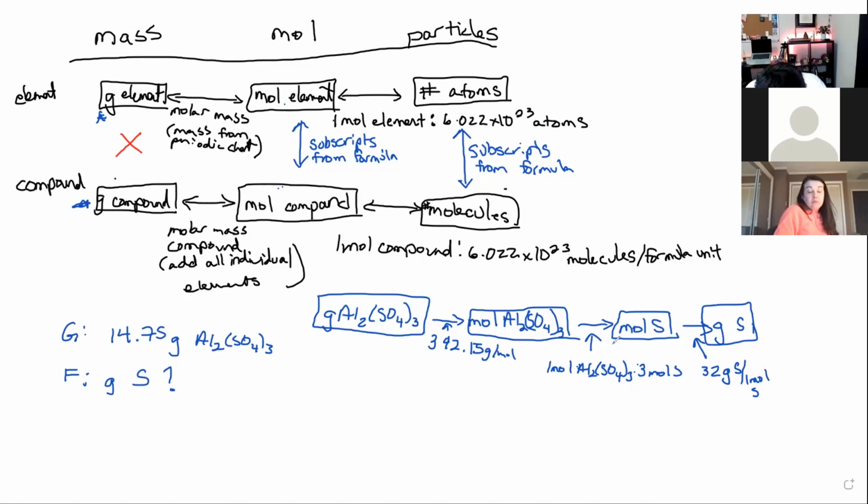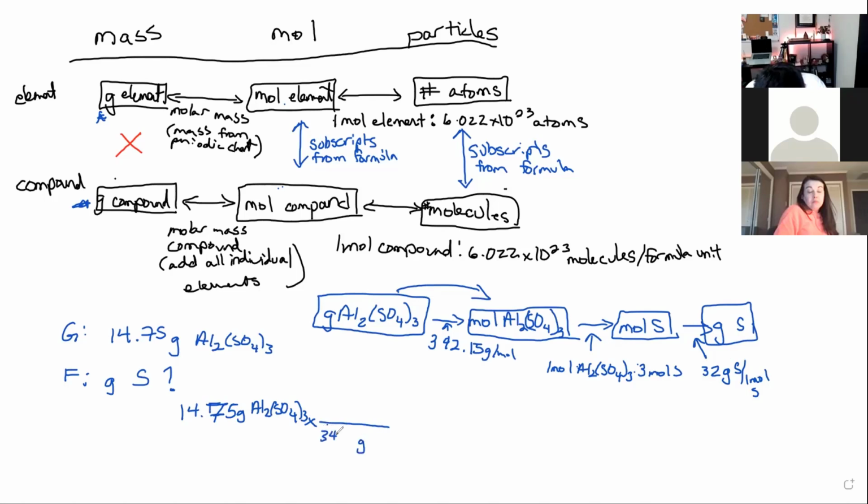So as you get the hang of it, do you have to write all these things out? No, but I want you to see where my thought process is, so that if you do want to write it out, you can. So we start with our given information, which is this. We've got 14.75 grams of Al2(SO4)3. Step 1 is to get from grams into moles. All right, well, gram is on top here, so gram needs to go on the bottom.